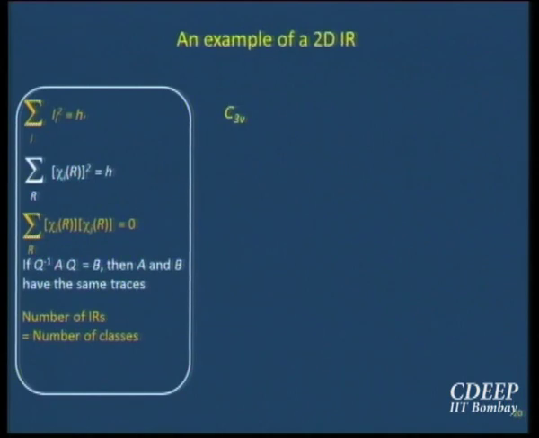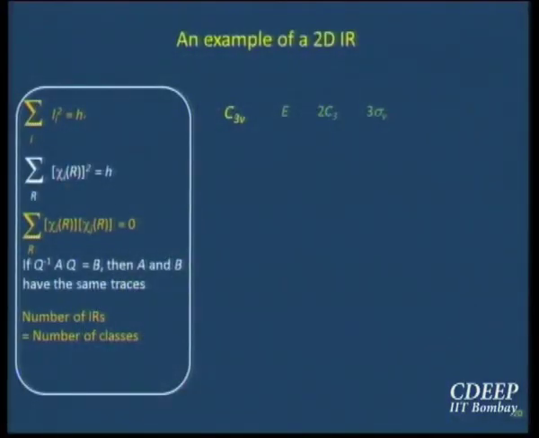Fine. C3V. How do we proceed? What is the first question we ask? The last question we have on the slide is the first question we ask. How many classes? How many IRs? How many classes? E, then two kinds of C3, and 3 sigma v's, 3 classes, right?